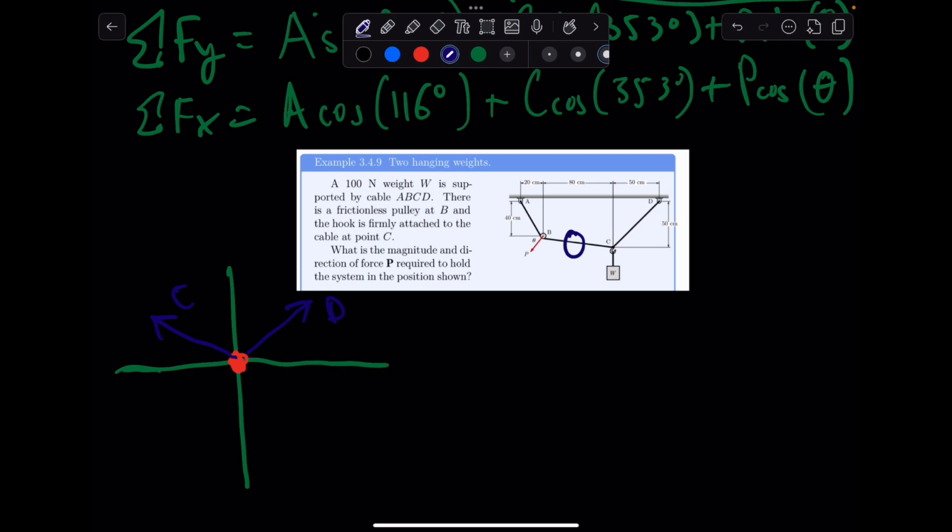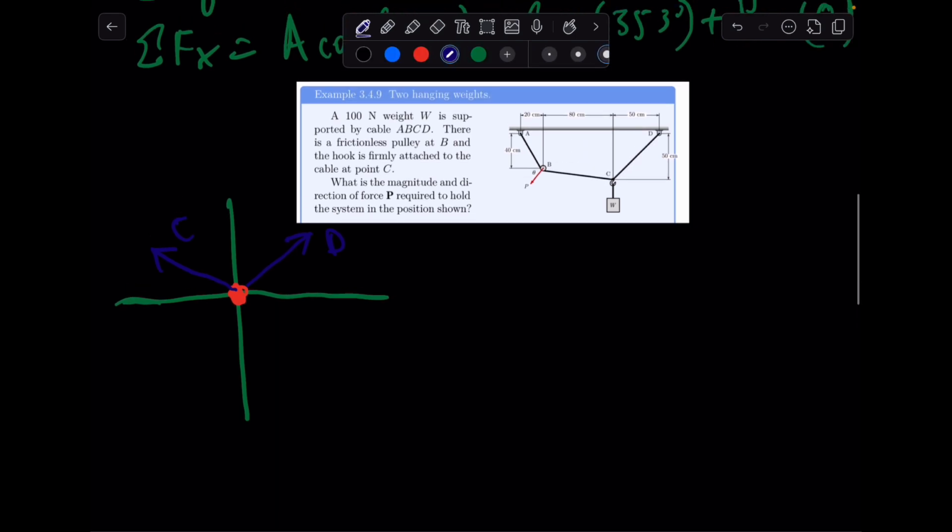This one here is equal to this one here. We're going to call it the same force C. So this force right here is going to be equal to this, and it's going to be equal to this. Again, this is because of the frictionless pulley.